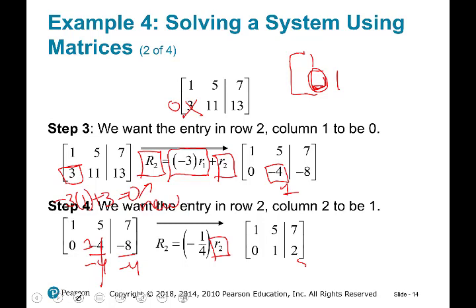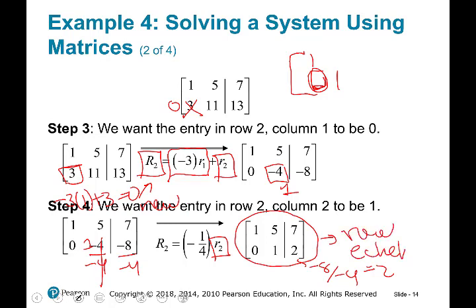And here, this is minus 8 divided by minus 4, which is 2. Okay, so now my matrix is in row echelon form. Now I know the value of y, which is 2, right? So this means that y is equal to 2.